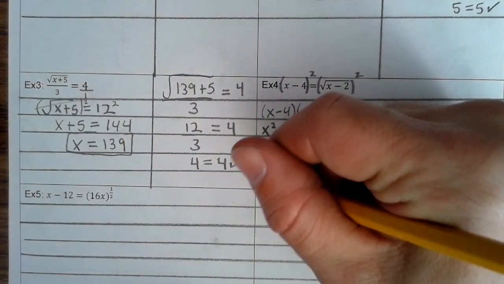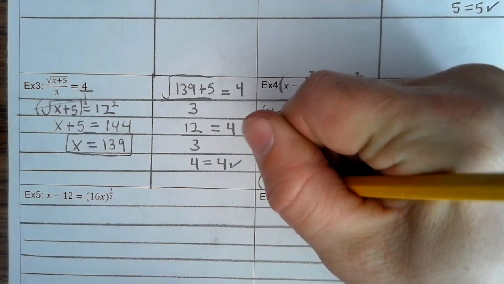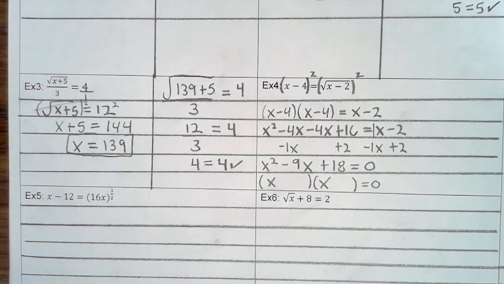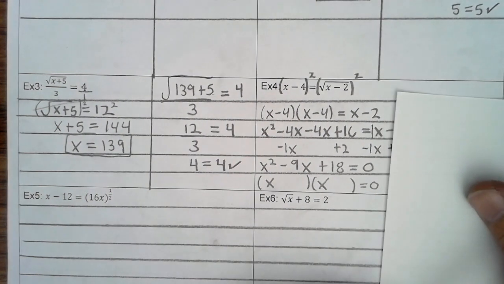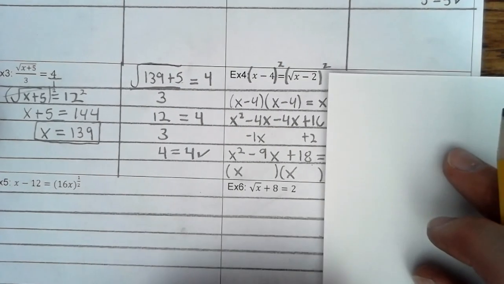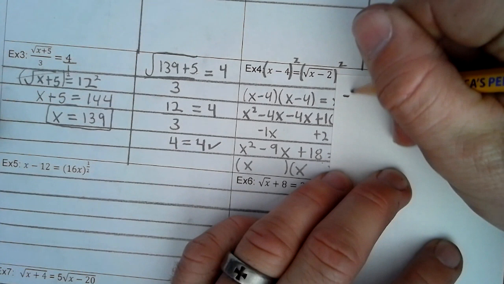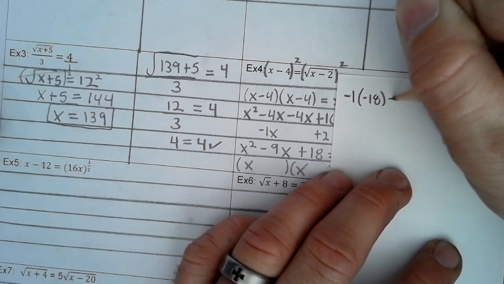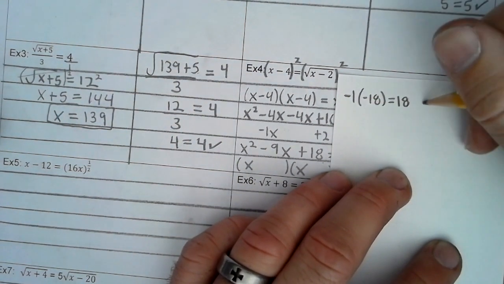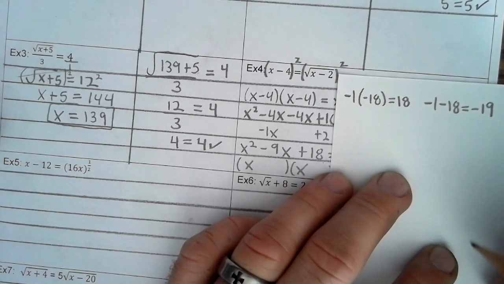Now we need to factor this. We know x and x makes x squared. We need to find all the combinations that multiply to 18 and combine to be negative 9. So we know that negative 1 times negative 18 is positive 18, and negative 1 minus 18 is negative 19. That didn't work.